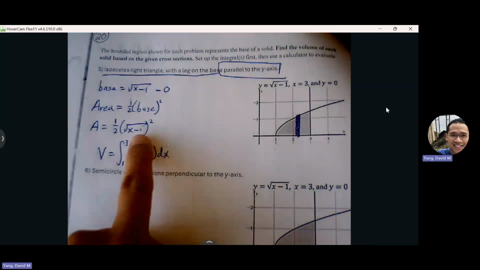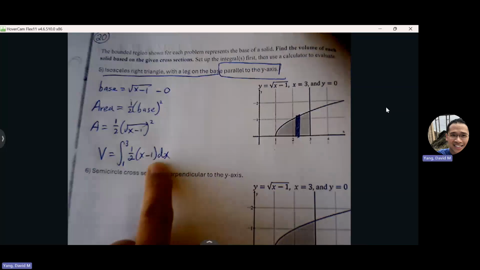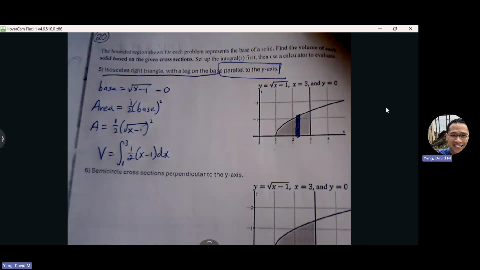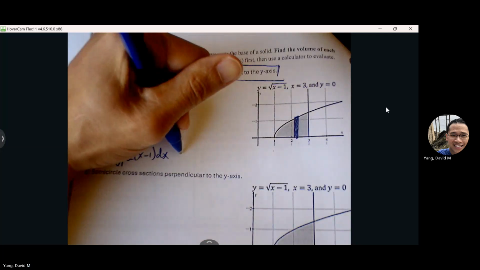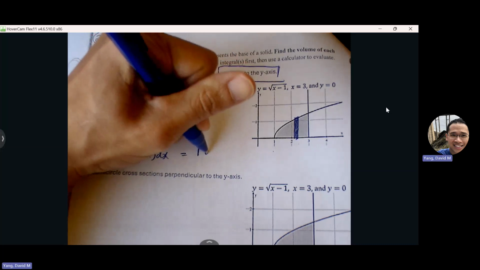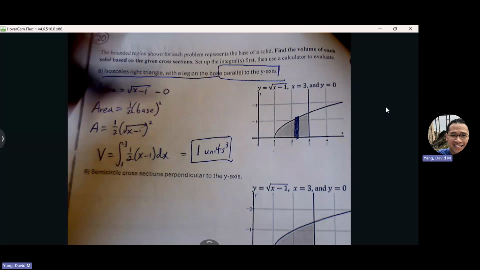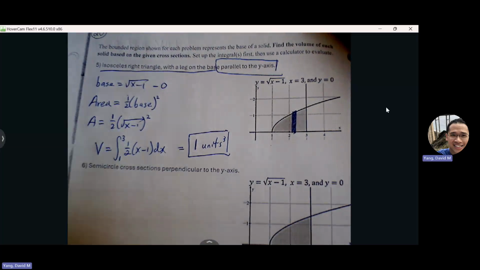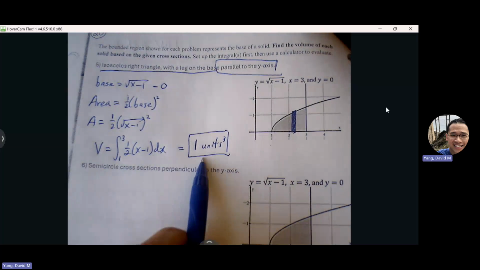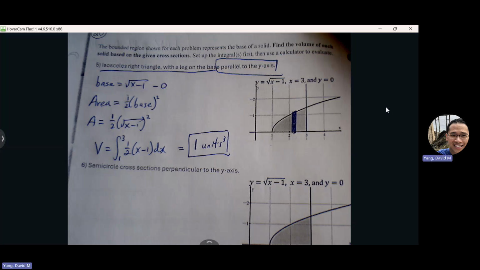I'm just doing a little bit of cleanup. The square root and square will cancel each other out. The rest gets plugged into your calculator. Remember, there's no rotation here, no axis of revolution, and no pi involved. So it's just that value.